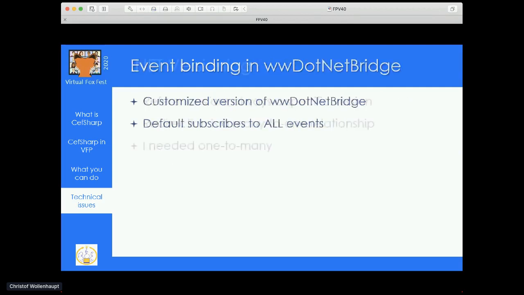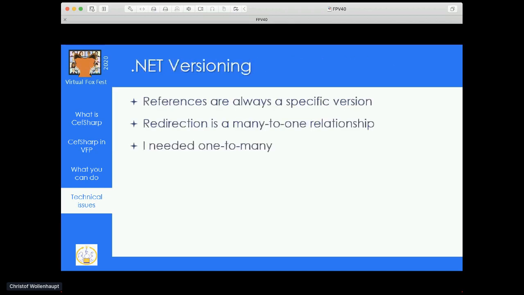Skip that. And then there's also .NET versioning. The fp cefsharp component is bound to a specific version of the cefsharp browser. What you can do in .NET is build against one version and then use an arbitrary number of other versions.